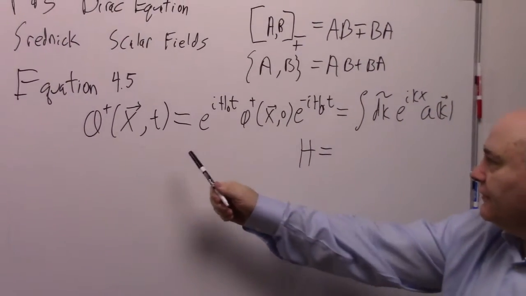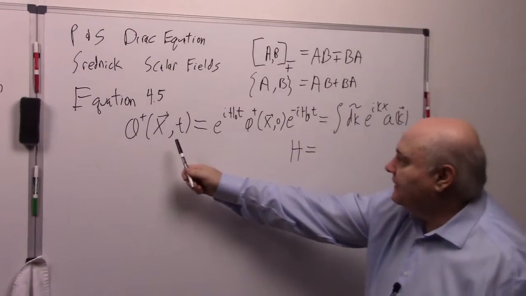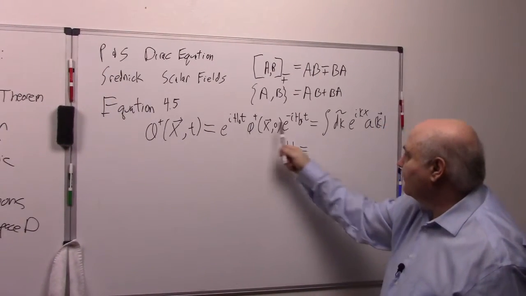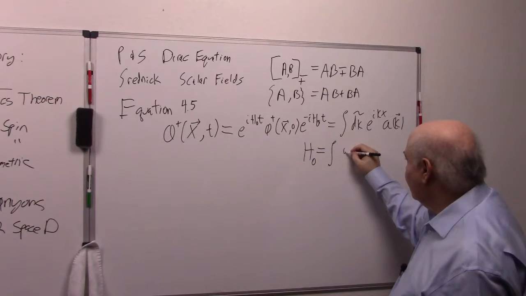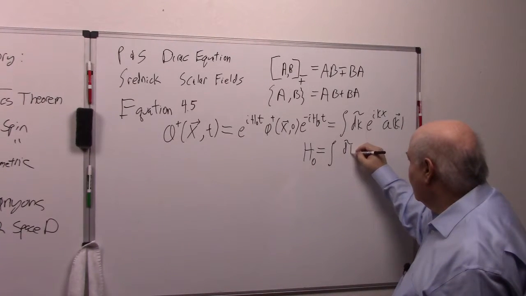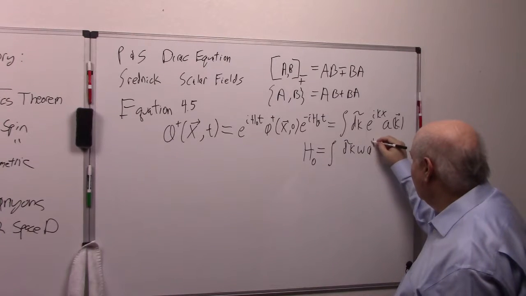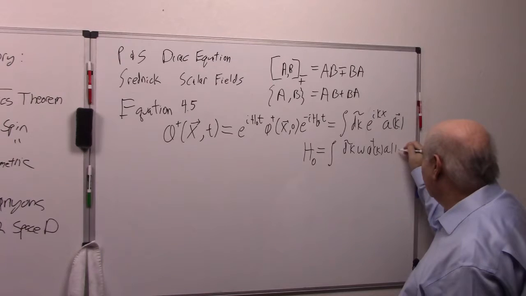This is just going from a Schrodinger operator at time 0, and he's time evolving it to a Heisenberg operator at time t. This is the standard. And he defines H0 as the integral of d k tilde omega a dagger k a k.